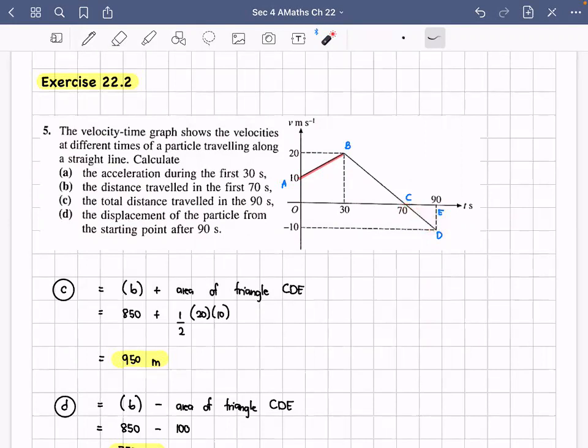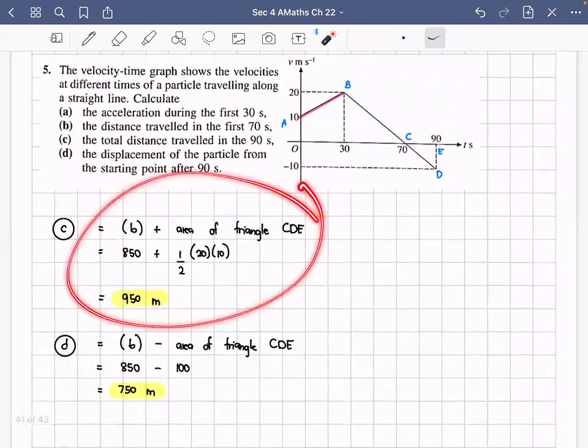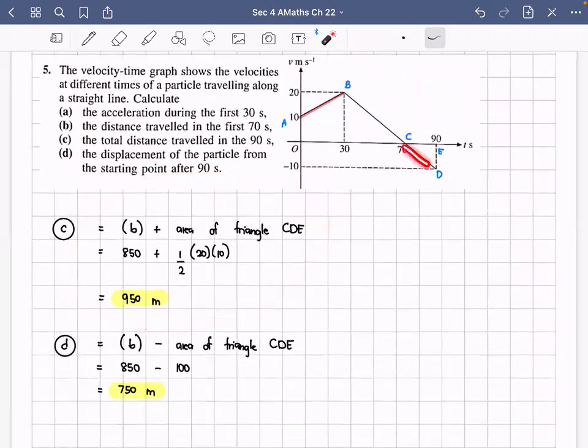So we need to subtract this from the whole displacement. It's the same as this, it's just that since this is below the time axis, these are negatives. So you just subtract that, and then you'll get 100. So for letter D, your answer is 750 meters.